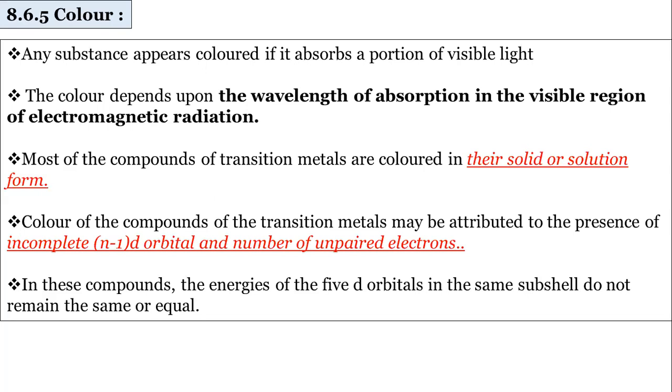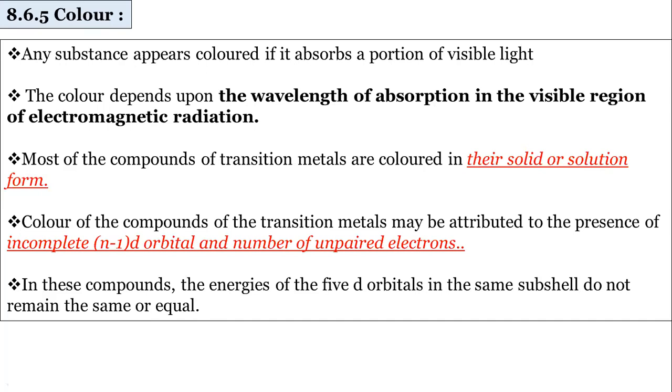But first we have to remember the color depends upon the wavelength of absorption in the visible region of the electromagnetic radiations. We are discussing the color of the transition elements. These transition elements are colored in their solid form, and also in aqueous, meaning solution form, they are colored.